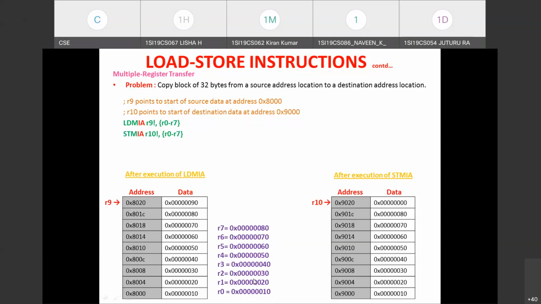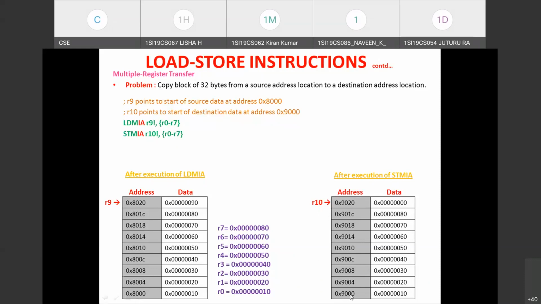Then R1 content is taken and written to this location, the pointer gets updated to 9008, where R2 register content is written, next the pointer gets updated, R3 content is written, and so on. Finally, R10 register content will be 9020.